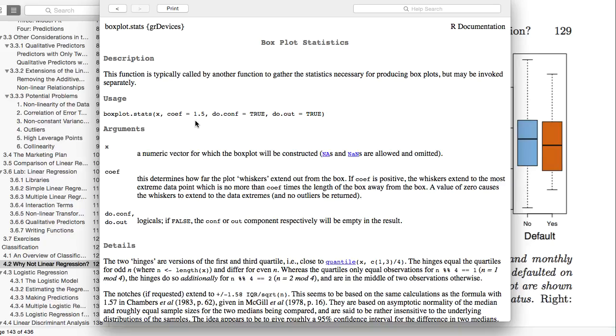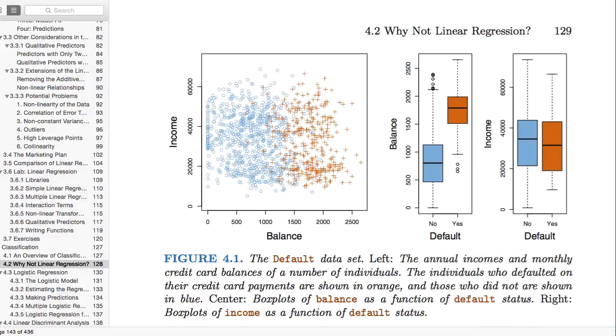So in other words, the default is 1.5 times the length of the box, no more than 1.5 times the length of the box. And a value of 0 causes the whiskers to extend to the data extremes, and no outliers will be returned. Well, we can tell in this particular case that they did not give a coefficient of 0, because we can see some outliers beyond this whisker.